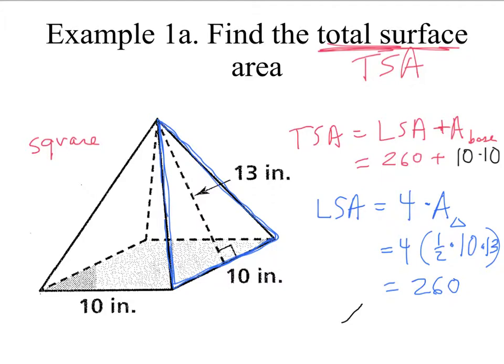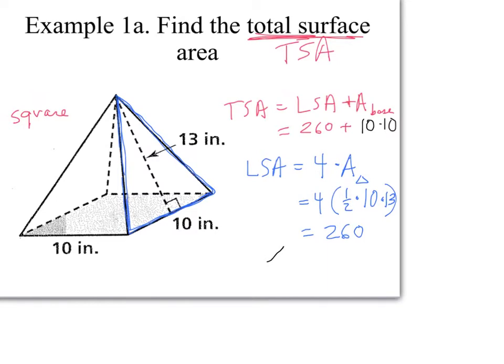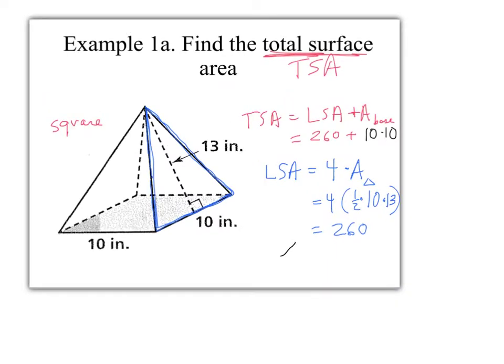So this equals 260 plus 10 squared, which is 100. We end up getting 360, and this is area, so I will say square inches.